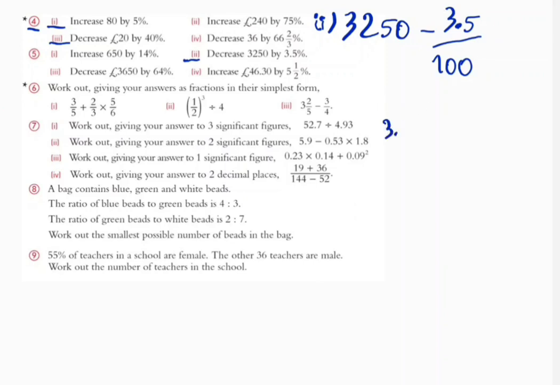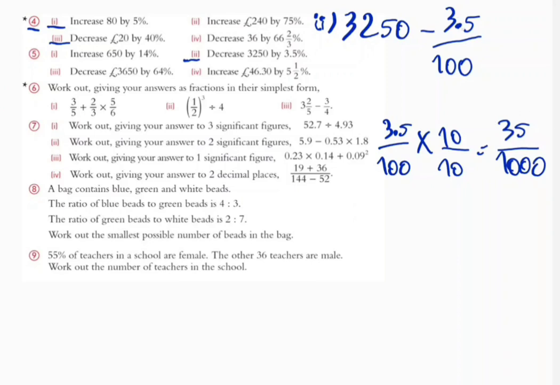So 3.5 over 100, times 10 on top and bottom, is going to be 35 over 1,000. So instead of writing 3.5 over 100, I can just write 35 over 1,000, because multiplying top and bottom of a fraction by the same number doesn't change anything. That just produces equivalent fractions.